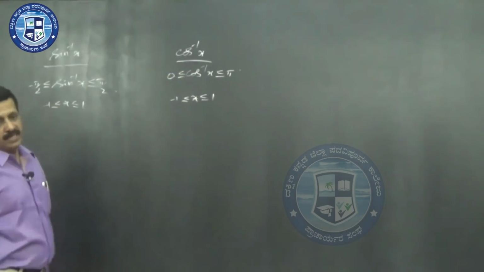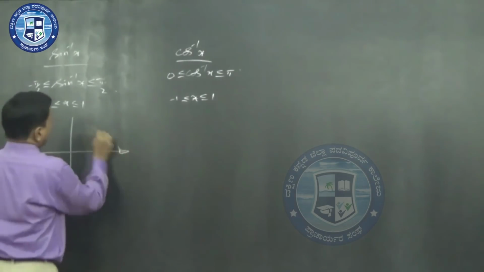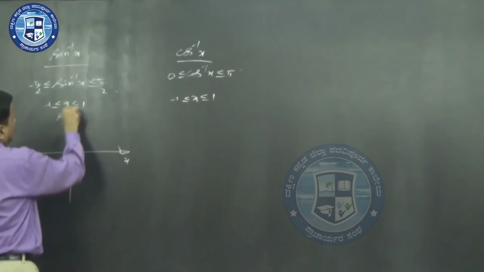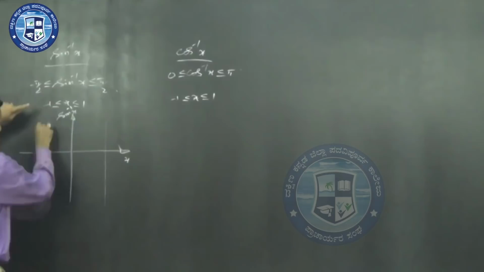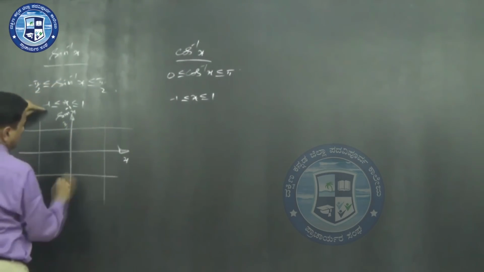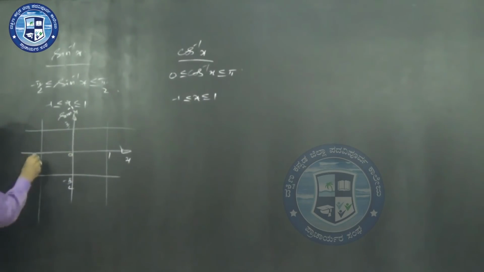So this much we have discussed, and we have analyzed the graph of sine inverse x versus x, and you know maximum value of x is 1, minimum value is minus 1, maximum value of sine inverse x is pi by 2, minimum value is minus pi by 2, this is 0, this is x is 1, this is x is minus 1.